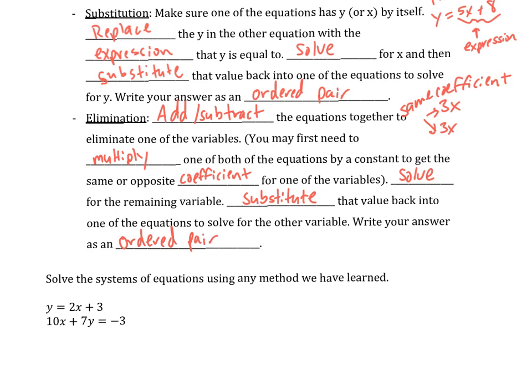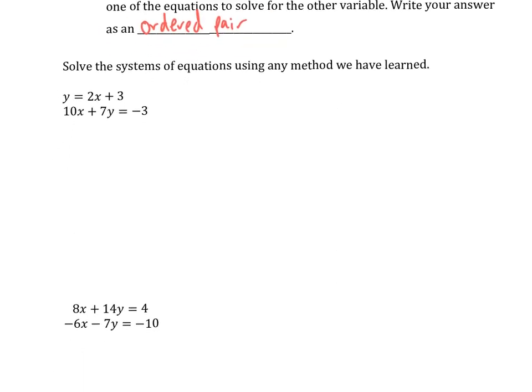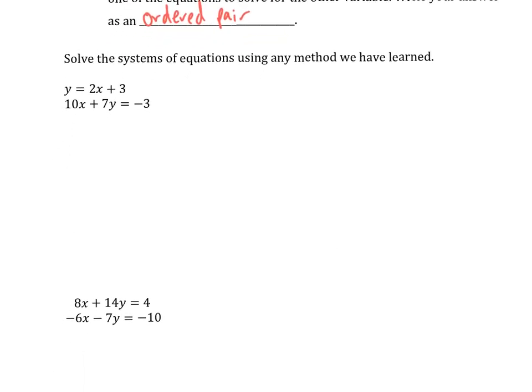Okay, so now we have to think about if we're just given a system and not told what method to use to solve it, let's figure out how we're going to decide. So here we go. We have a few systems, and we're asked to solve the systems of equations using any method that we have learned. So for this first one, let's first think about graphing.